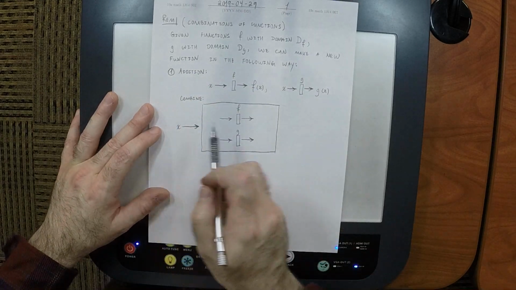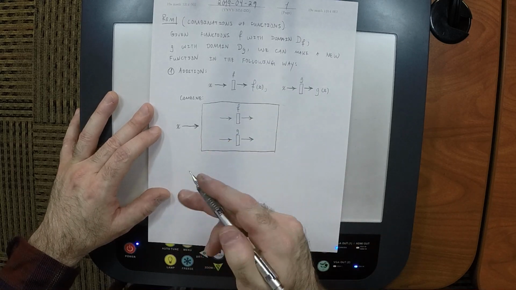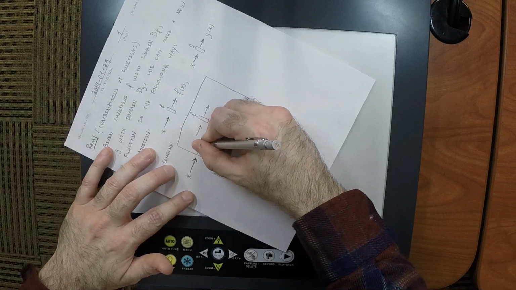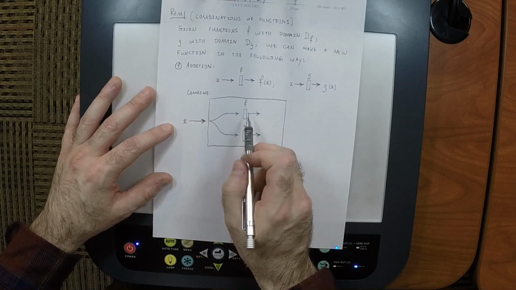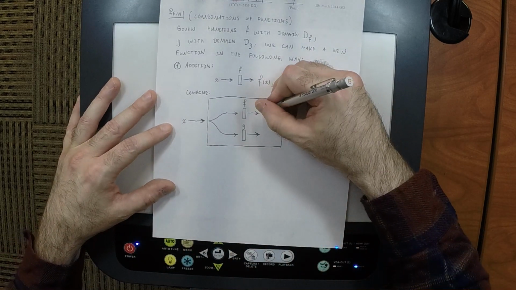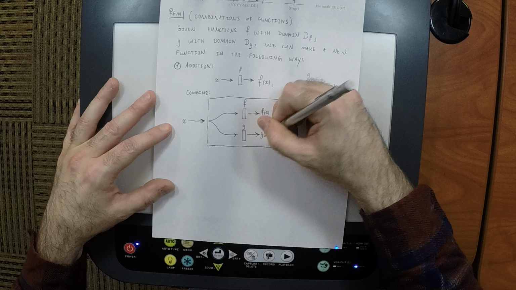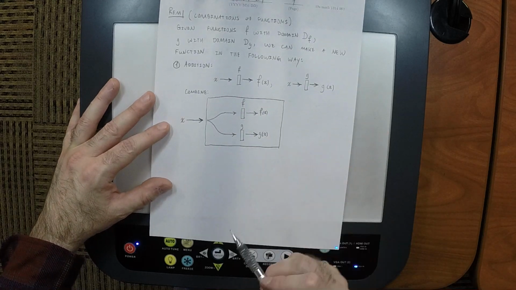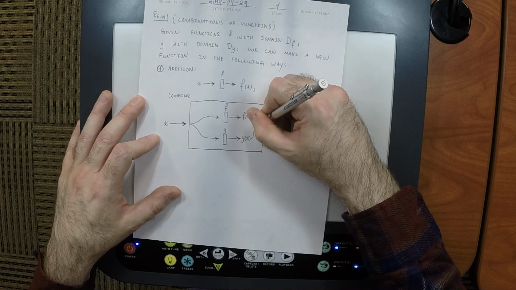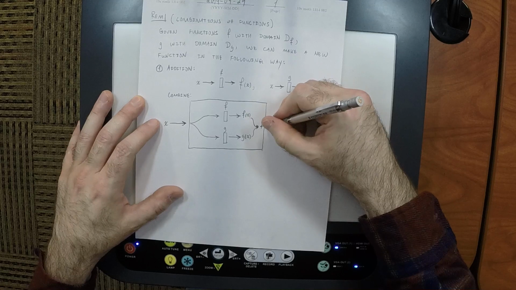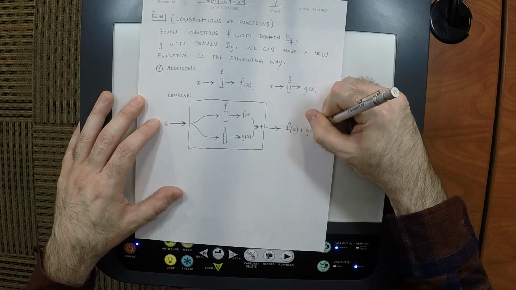So an input goes like that. And then inside the box there's a little splitter, like a cable splitter, and it splits it like this, so that f gets an x and g gets an x, so that here we have an f of x and a g of x, and then now these are going to combine back together, and the way that we're going to combine them is with an add. And so what we observe come out is this, f of x plus g of x.